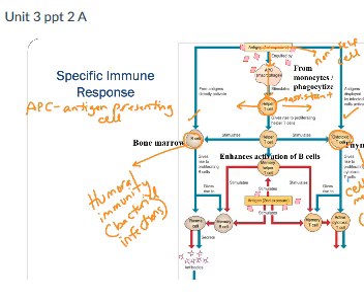To connect these two, there is a very specific receptor, and this is known as CD4. Every time the antigen presenter cell works with the helper T cell, CD4 is one of the two receptors that works. You're going to need to know both of them.